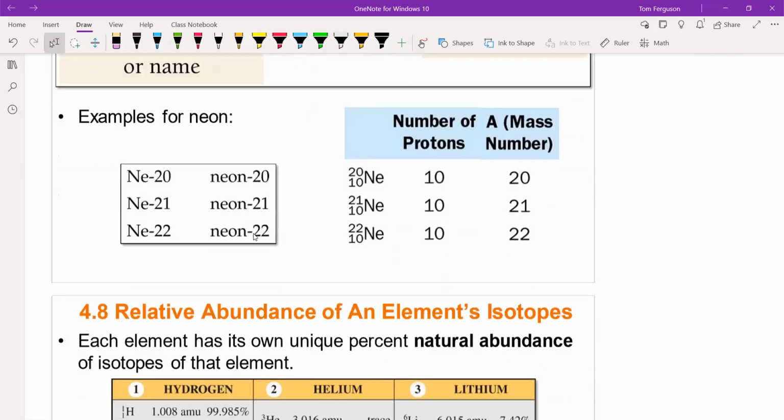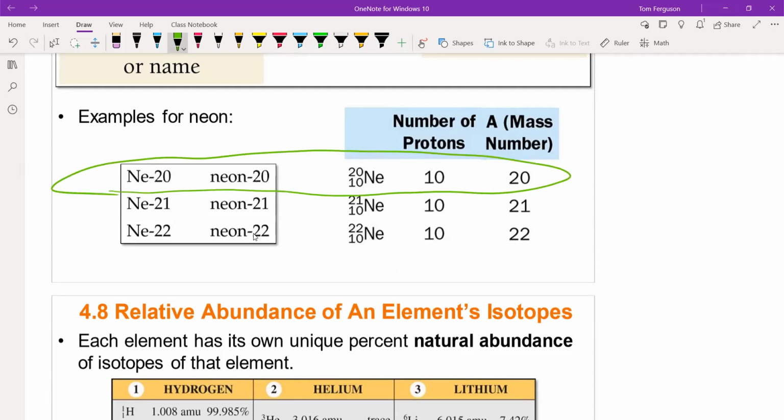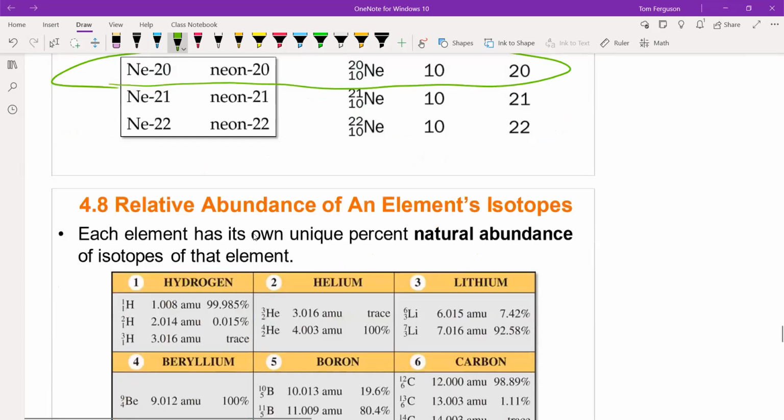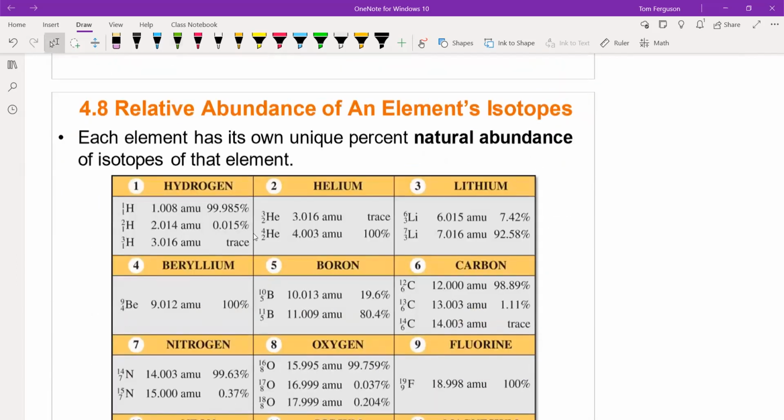Okay, so we need to go back and forth between these columns. The worksheet will give you practice doing that. Now, if we were to sample all the hydrogen in the world, 99.985% will be 1,1. 0.015% is 2,1.